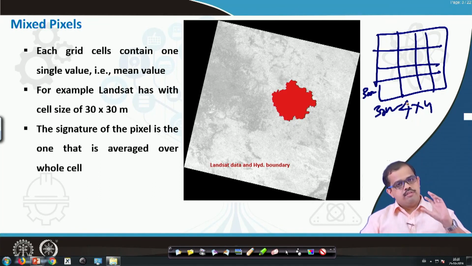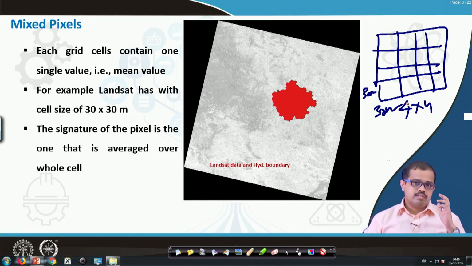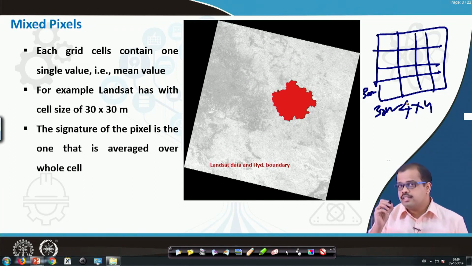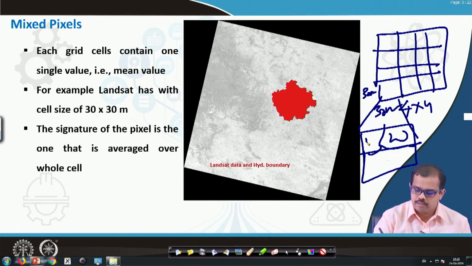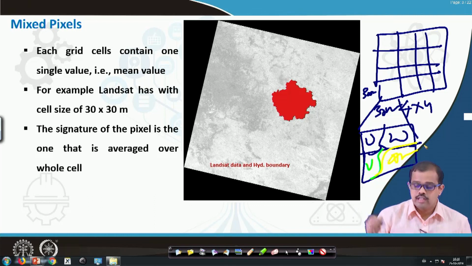If you look at your city region, a 30 meter by 30 meter pixel can have various land uses. This part may be urban, this may be water, this may be vegetation, and this may be in the others category.